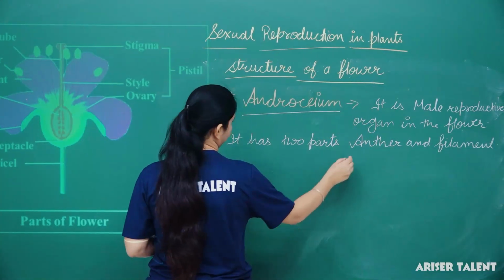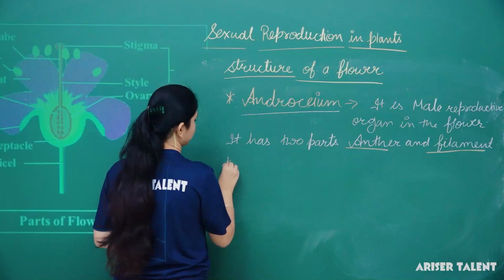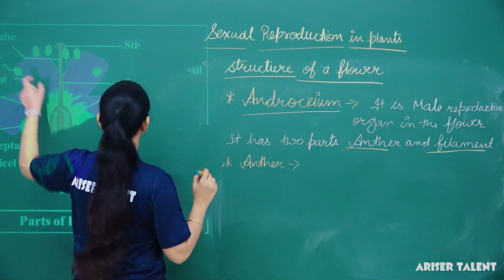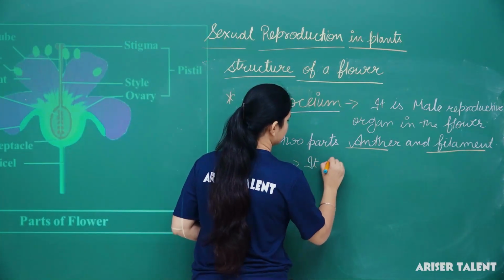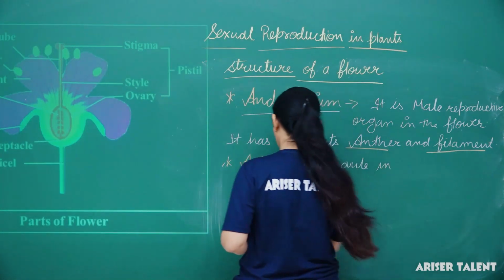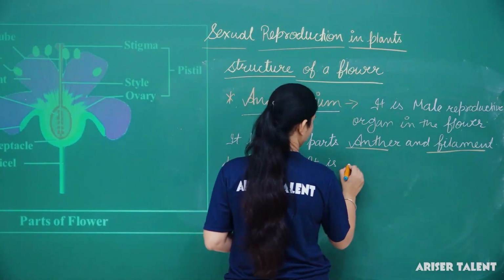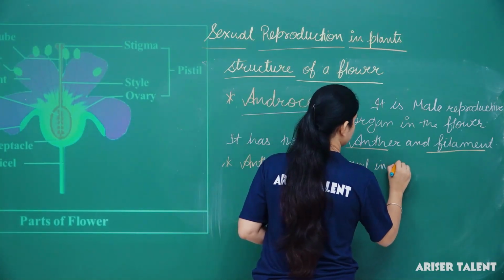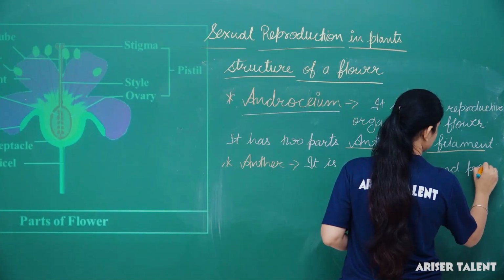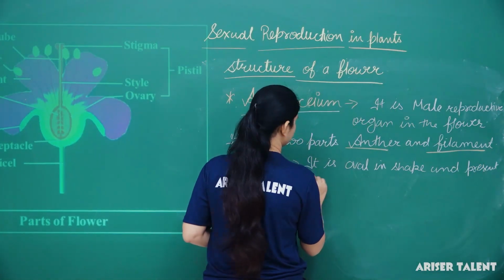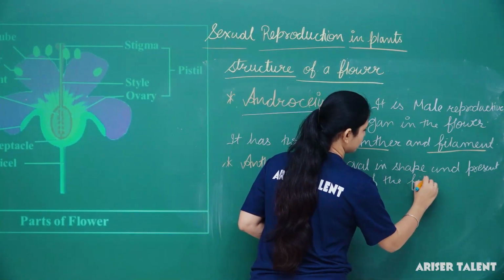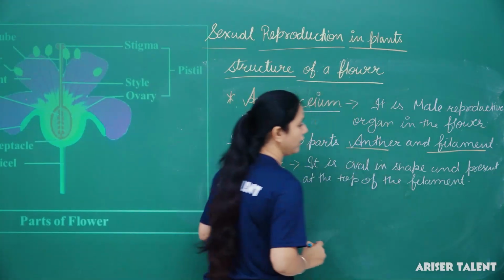If we talk about anther, then anther is the oval part. It is oval in shape and present at the top of the filament. And what is filament?